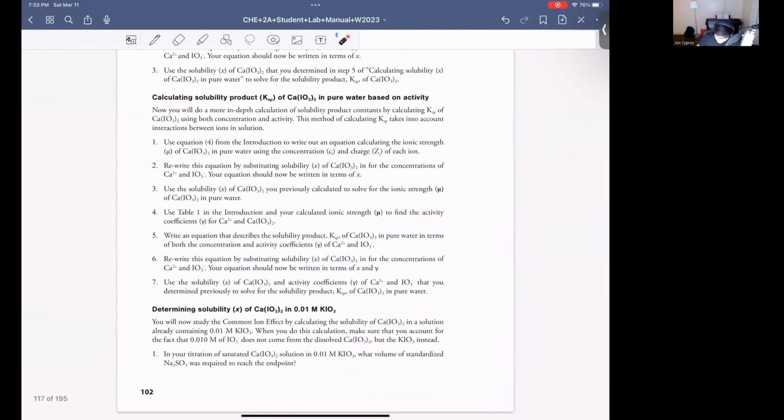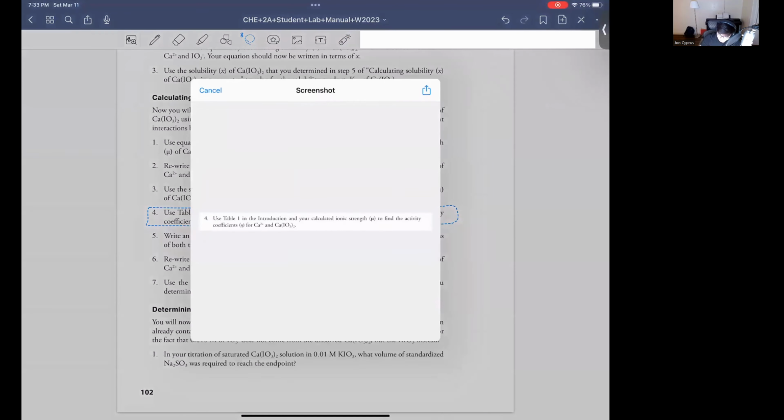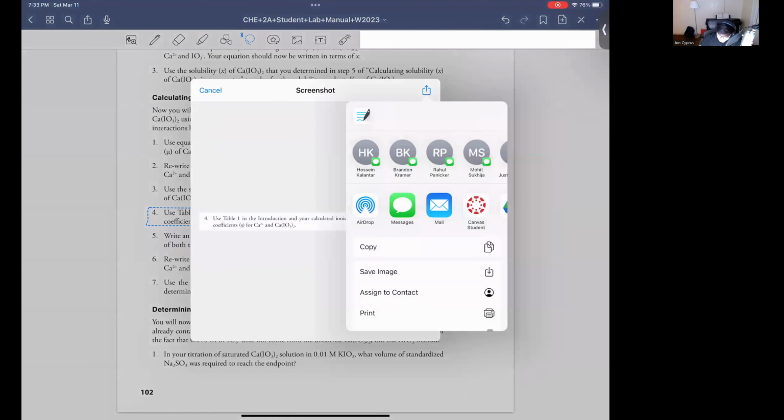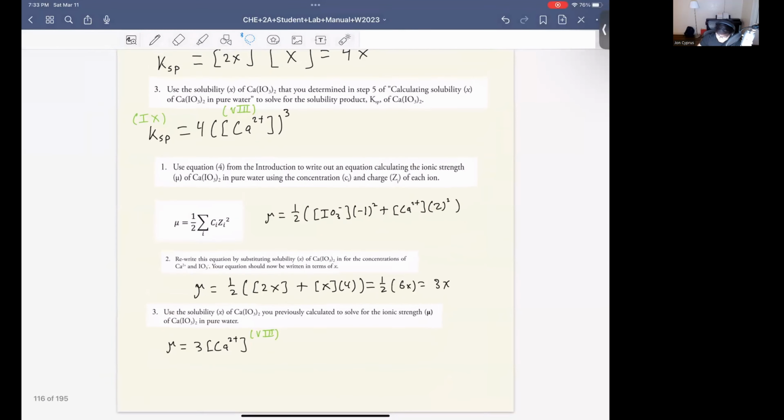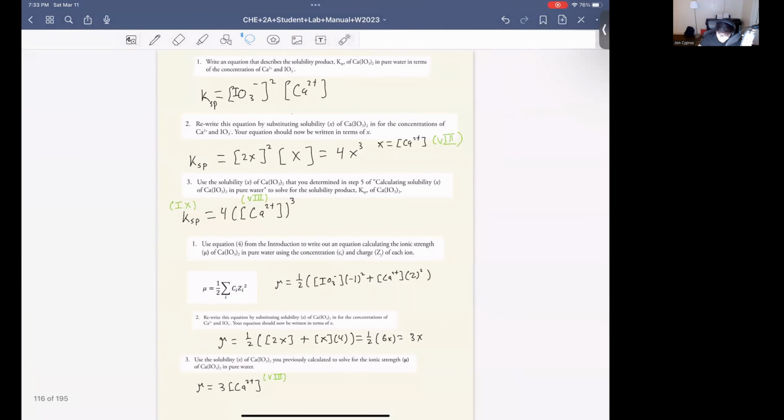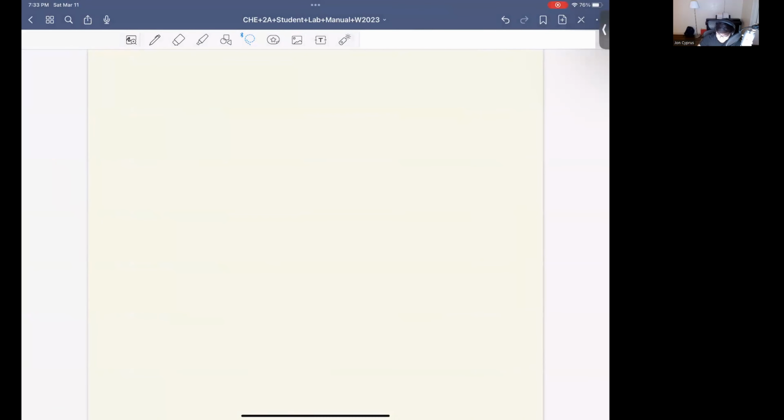Next, you're going to look at the table in the introduction to find the activity coefficients. I believe it means to say iodate, but we'll check the table here for the activity coefficient. So if we go to table 1, now this is important.